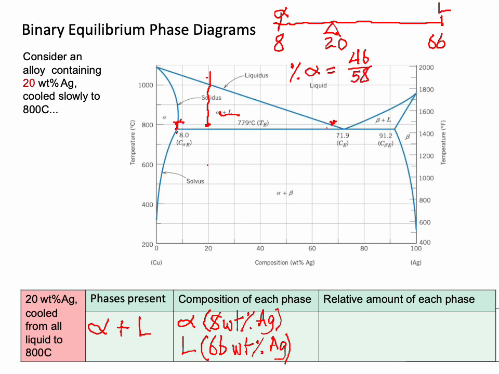This is for the percent of the thing on the left, which is alpha. So I need 46 divided by 58. That's 79% alpha.